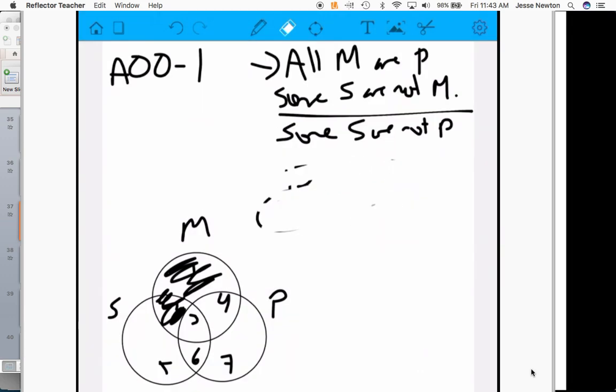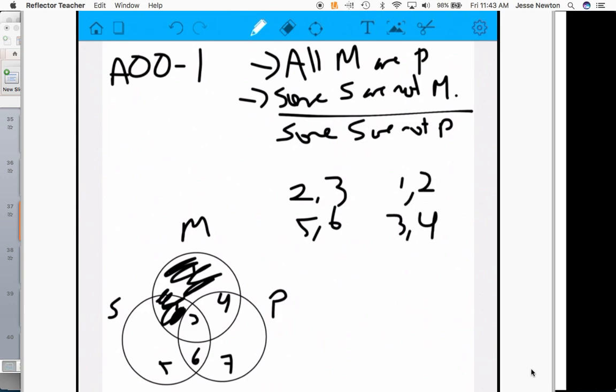Now we come to the second premise. Some S, which is regions 2, 3, 5, and 6, are not M. M is 1, 2, 3, 4. Locate the regions of overlap, 2 and 3. They are not. That's very important to point out.